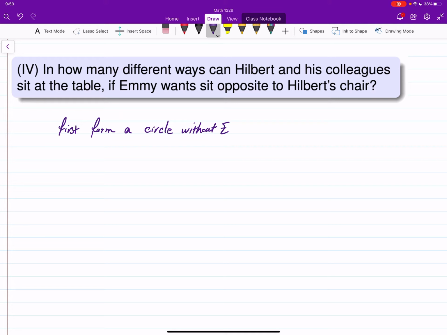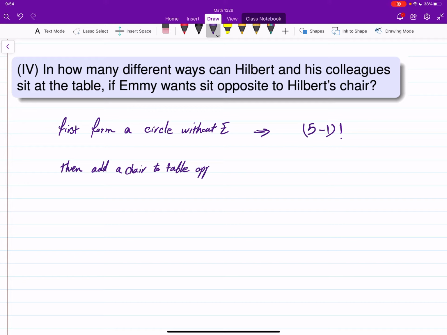There are 5 total, so we have (5 minus 1) factorial. Then just bring in a chair and add it to the circle. There's only one place opposite to Hilbert's chair.